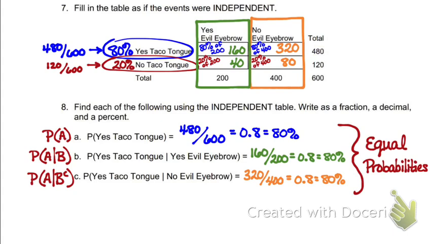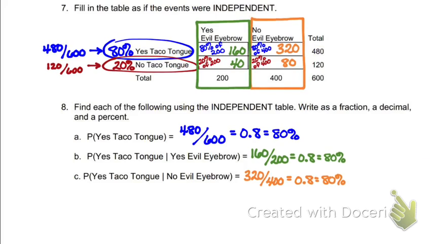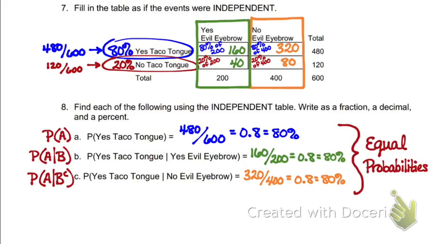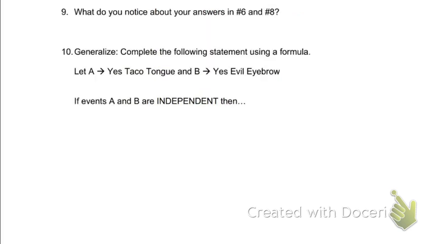What do you notice about the answers to number 6 versus the answers to number 8? Exactly correct. The answers to number 6 are all different. The answers to number 8 are all the same.